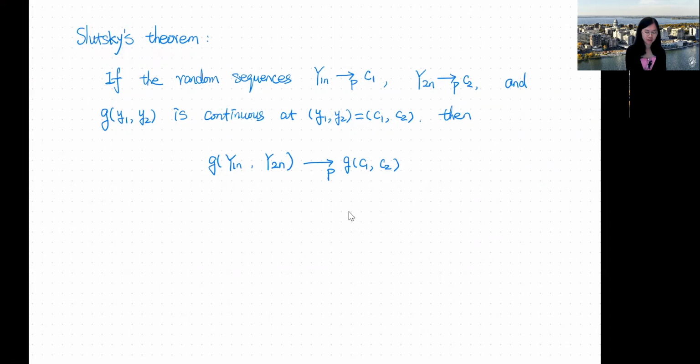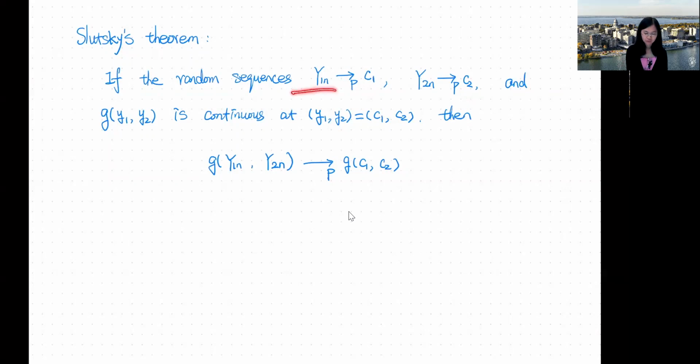Suppose you have random sequences Y1n and Y2n. Both sequences converge in probability, one to a point C1, the other to a point C2. C1 and C2 are both non-random scalar numbers.